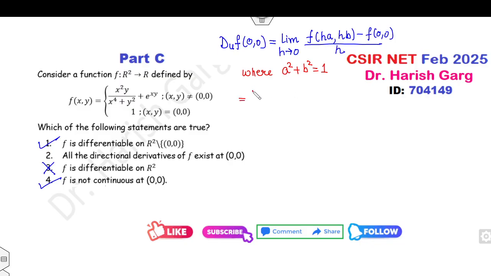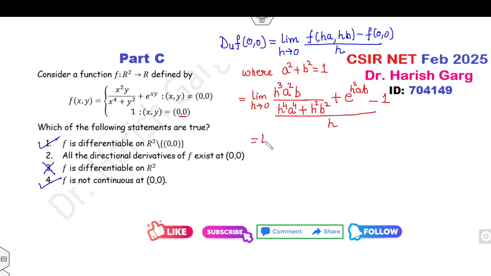Now you can substitute the value. Limit as h approaches 0. f of ha, hb is h cubed a squared b divided by h to the fourth a to the fourth plus h squared b squared, plus e raised to the power h squared ab, minus f of 0 0, whose value is 1, divided by h. Now it's very simple. Now you can separate them.